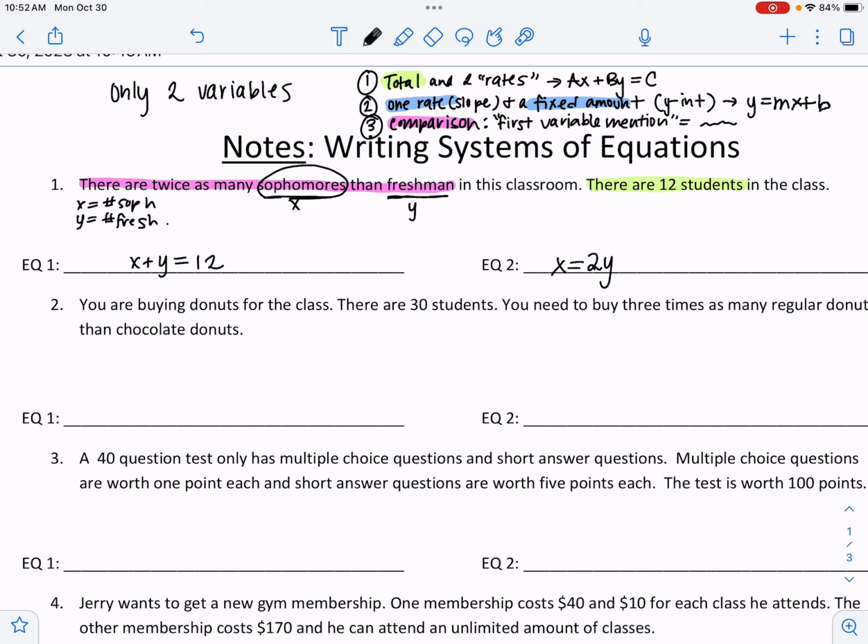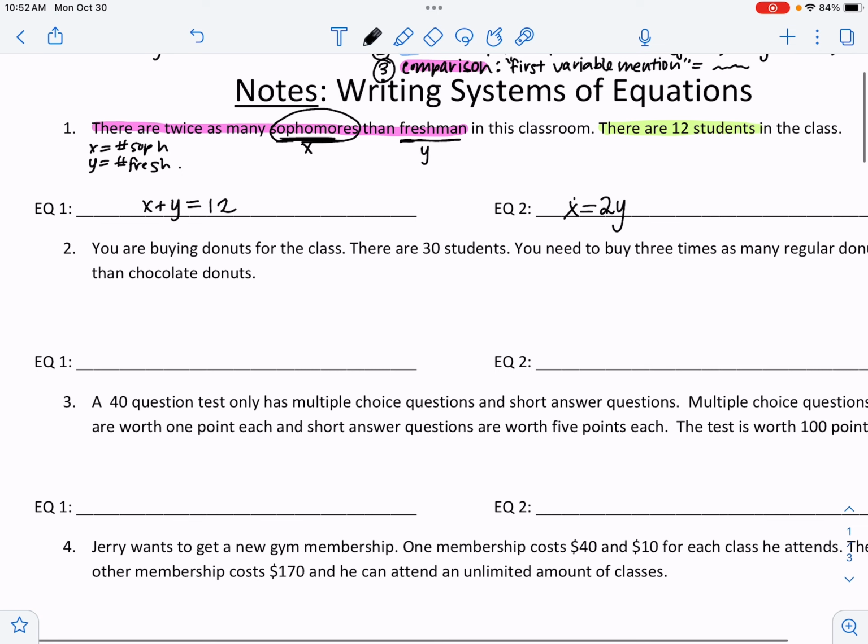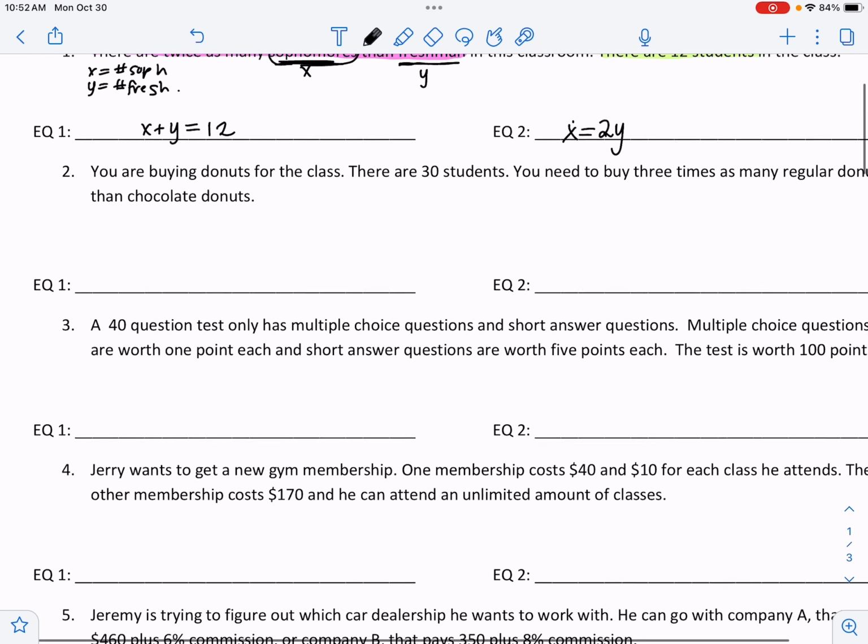A lot of people switch those. The trick is whatever comes first in the sentence, it's going to be that variable equals. Because there are more sophomores, I have to multiply the smaller number, which is freshmen, by 2. I don't want to multiply the sophomores by 2. Those would be your two equations for number 1.